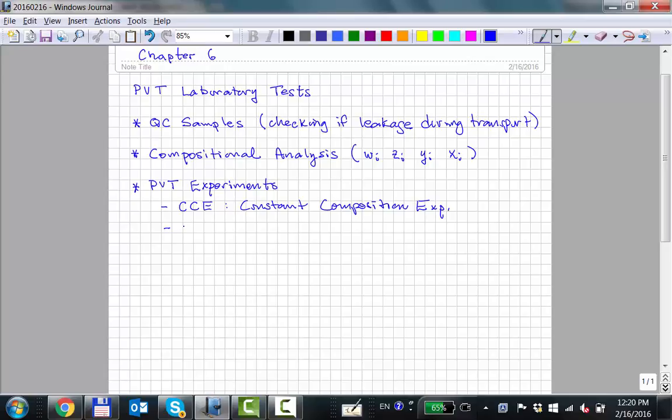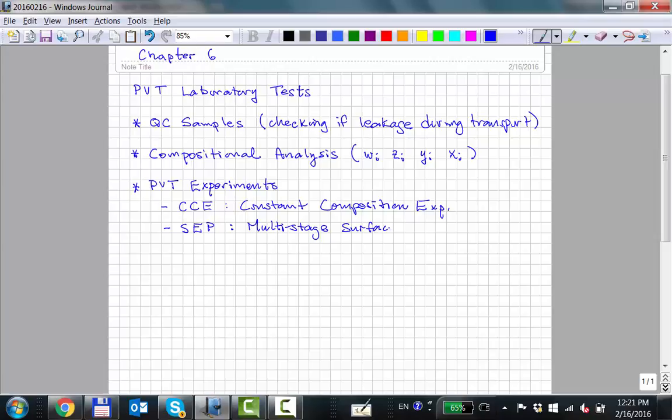And then the next one that I'm going to talk about is what I'll refer to as the SEP. This is probably a multi-stage. It could be a single stage, but I'm not going to talk about that type. The multi-stage surface separation.